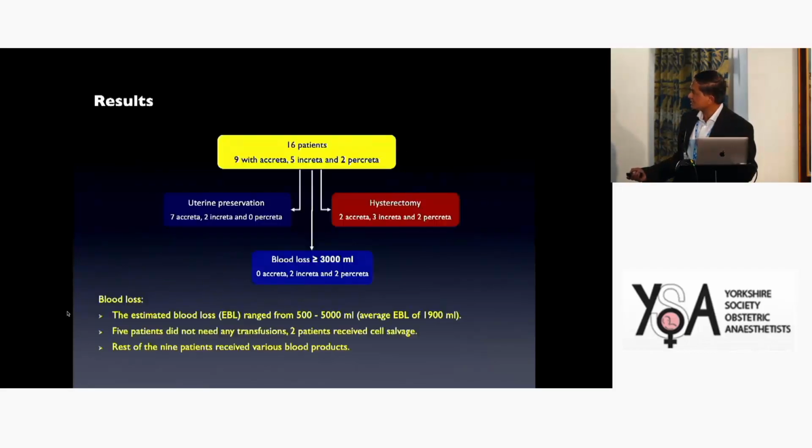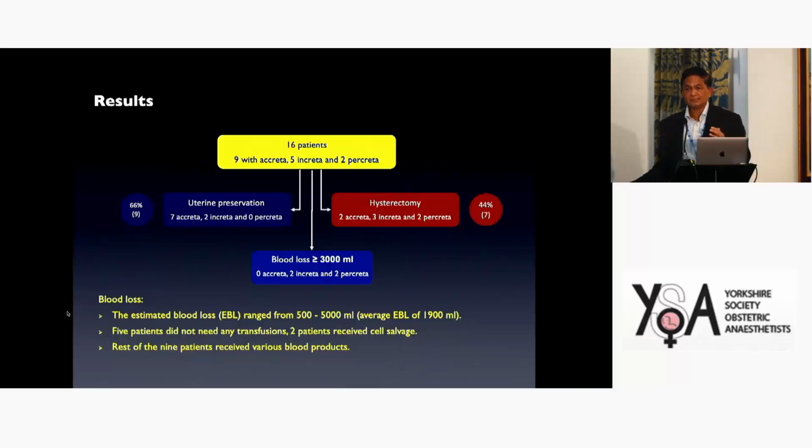So this is the key slide. The blood loss was in the range of 500 mL to 5 liters, with an average of about 1,900 mL for these patients. And we were uterine sparing, and this is the most important thing.